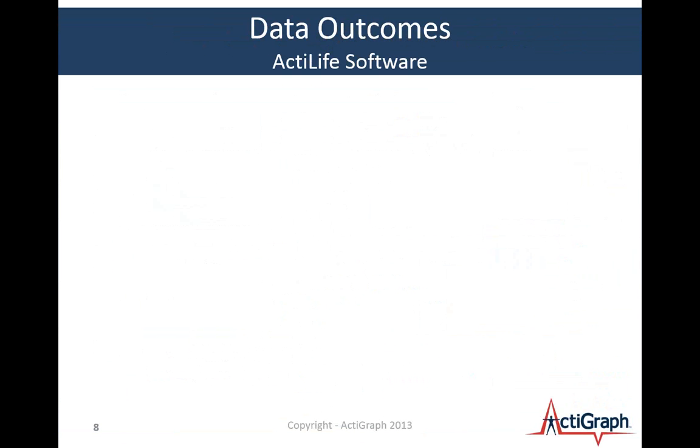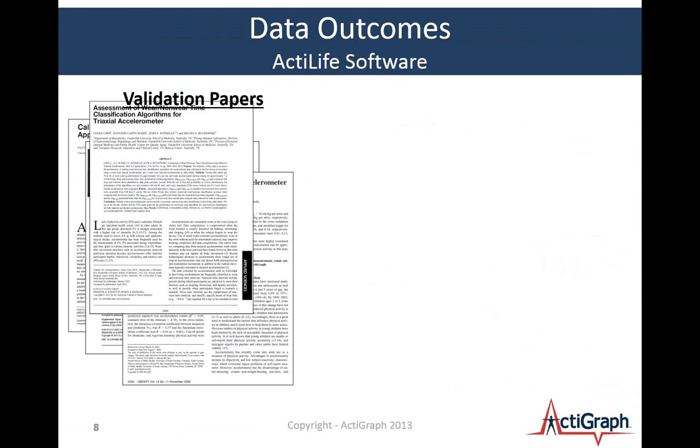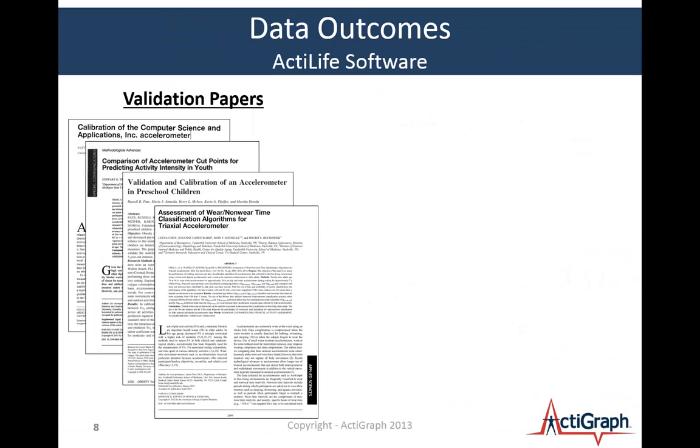So our research partners who we've worked with for many years have primarily used our Actilife software, and I just wanted one slide to talk about our Actilife software because it provides some context for our study admin software that we'll talk about today. But our Actilife software was derived from validation papers, so there are literally thousands of validation papers that have been written that define things like cut points and algorithms for calculating kilocalories using our device.